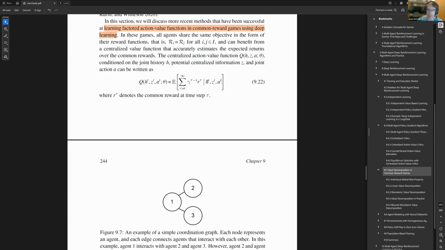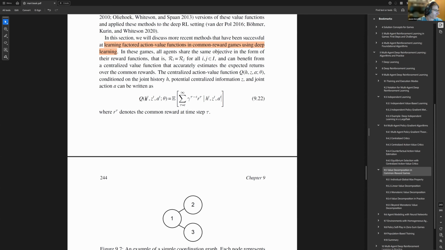The only difference is what it is conditioned on. Normally this would be conditioned on the state-action pair, and here it's conditioned on this extra information, which is H. This is the history of observations for the agents. And then Z is additional information.